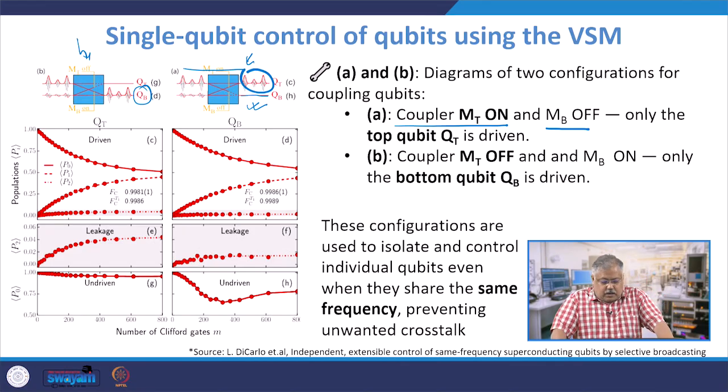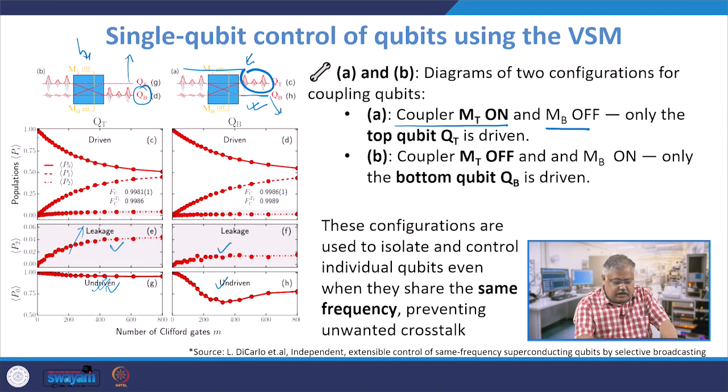If you look at the left hand side diagram here, these are the population probabilities. This is leakage. The leakage probability goes on increasing when it is driven, both for the QB case as well as the QT case; the top is the QT state and the bottom is the QB state, right.